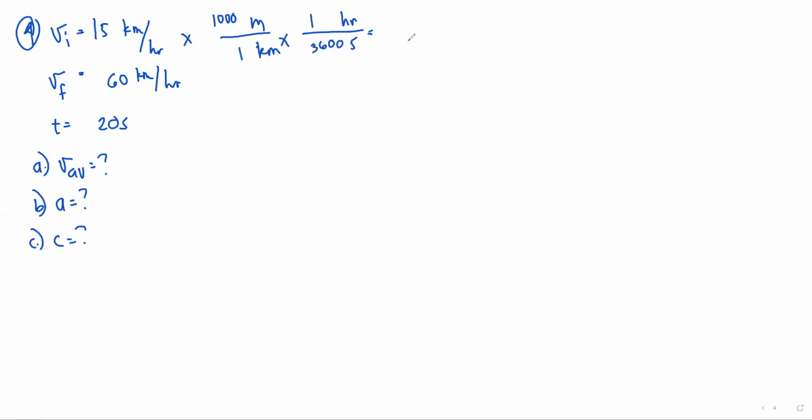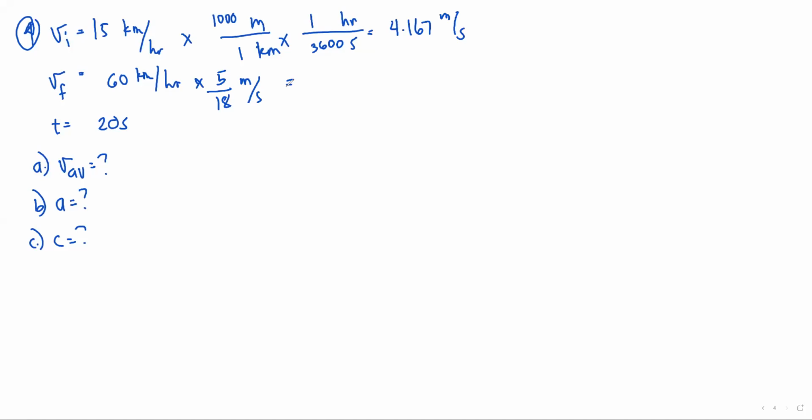So, 15 times 1,000 divided by 3,600 is equal to 4.167 meters per second, to 3 decimal places. This is the same as multiplying by 5 over 18, a direct conversion from kilometer per hour to meter per second.